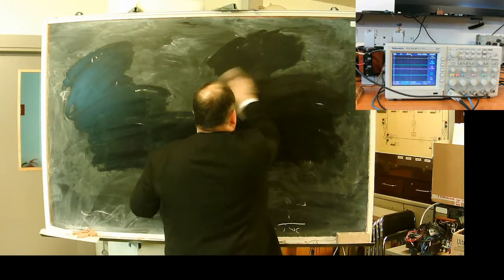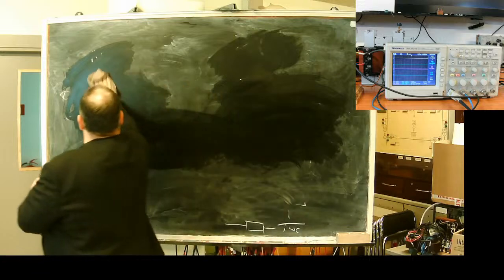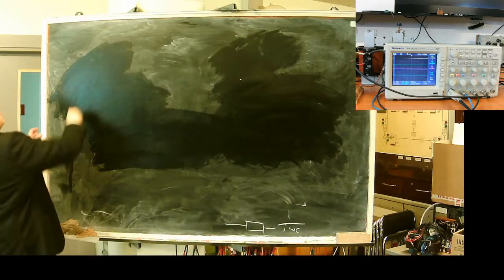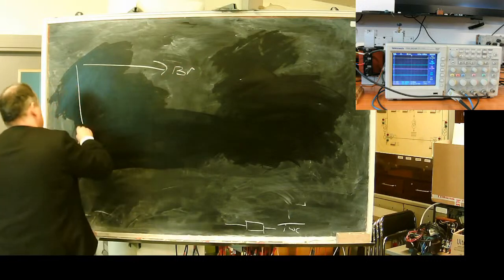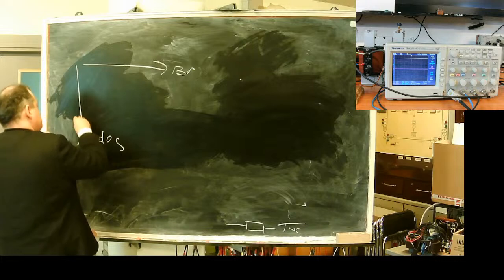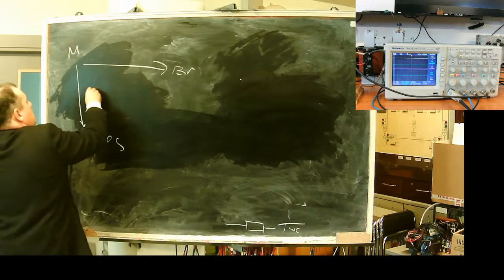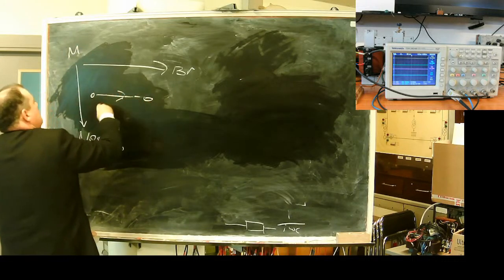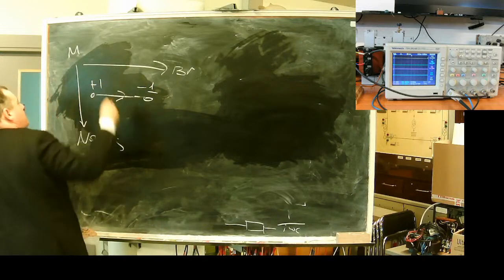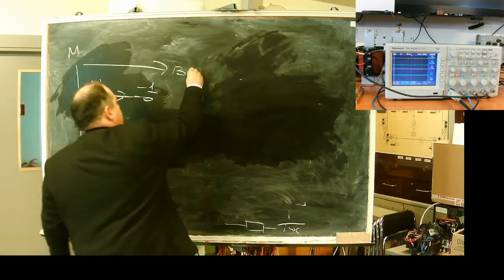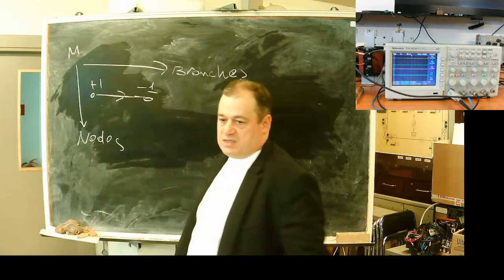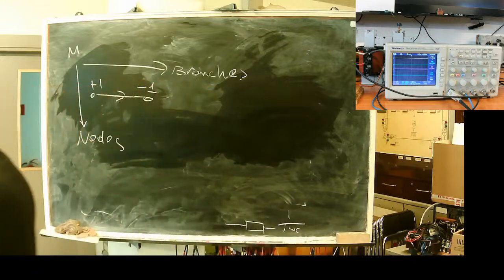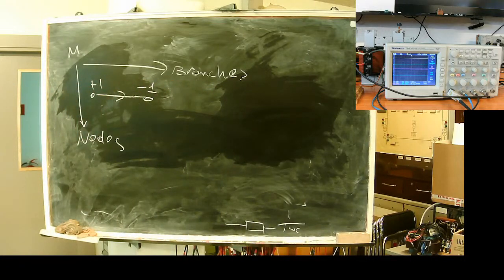But anyway, branch nodes, represent them with the matrix M, the first incidence matrix.